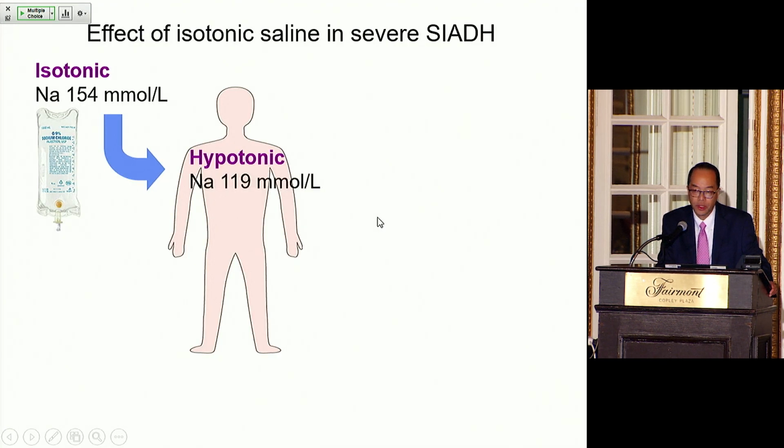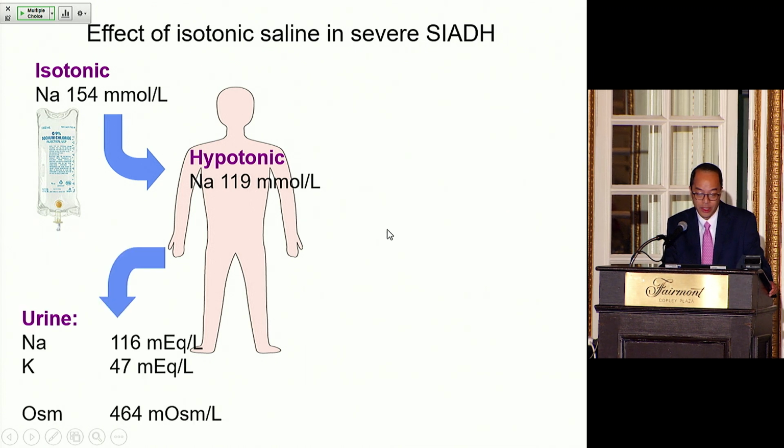Now, what's not helpful is isotonic saline. And so this is just a reminder that some patients who have SIADH can get a phenomenon known as desalination. So this comes out of this misconception that because a patient has a low sodium of 119, if you give normal saline, which has a sodium concentration of 154, surely that would raise their serum sodium, right?